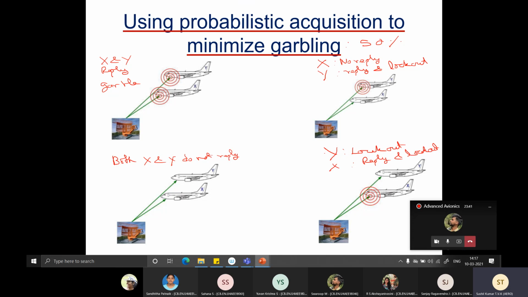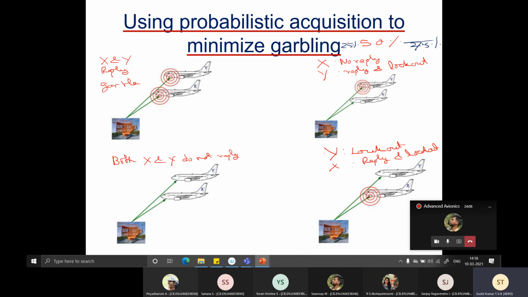Whenever an interrogation is sent, they give a probability of replying, from, I think, 25% to 75%. This probability is passed on to the aircraft. Now it is up to the aircraft to decide at random whether it wants to reply or not.